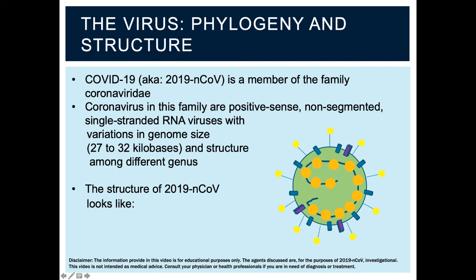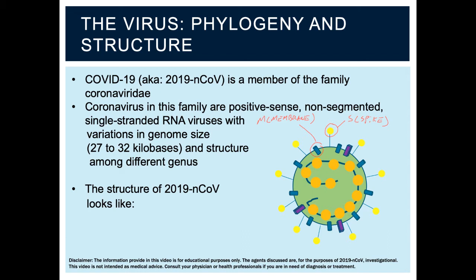The structure of the virus is shown here. There are several key components that I want to point out. First, we have the spike protein, or S protein. We have the M protein, or membrane protein. The membrane protein is a type 3 transmembrane glycoprotein.